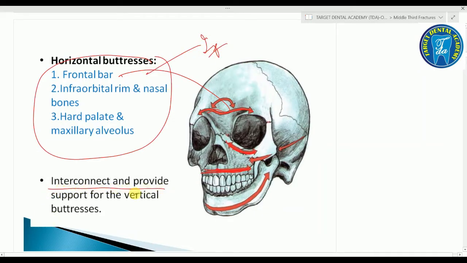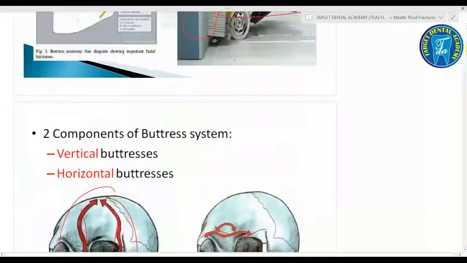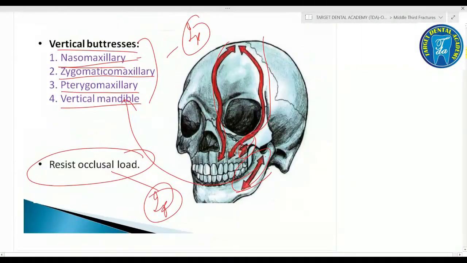They interconnect and provide the support for the vertical buttresses. The mandible one was the vertical buttress. So the horizontal buttresses interconnect and provide the support for the vertical buttresses too. Fine. Important.